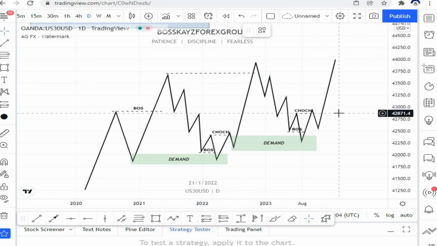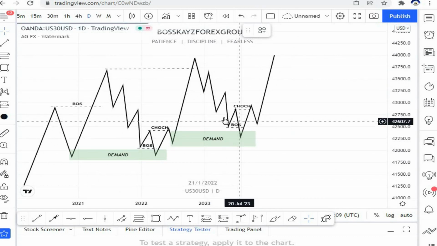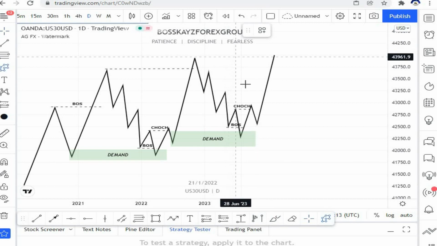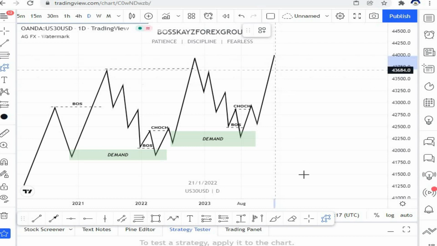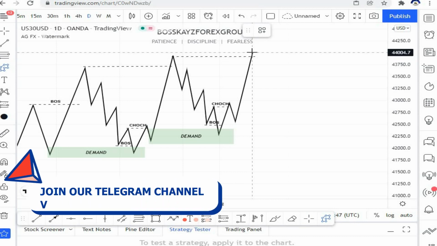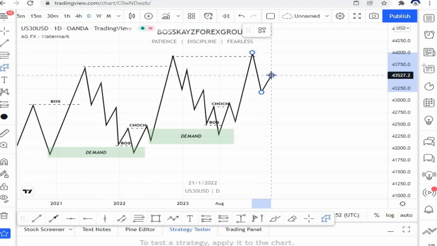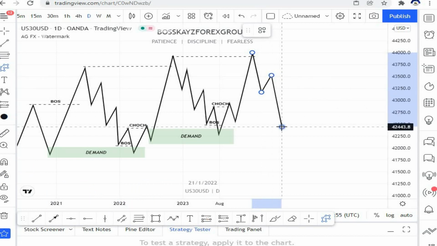All right, so when price is now going down, the next thing you would like to see is price breaking the structure. So let's say the price will come back with something like this. As we said, the price is now going down, and then it creates a drop base drop, breaking the structure.